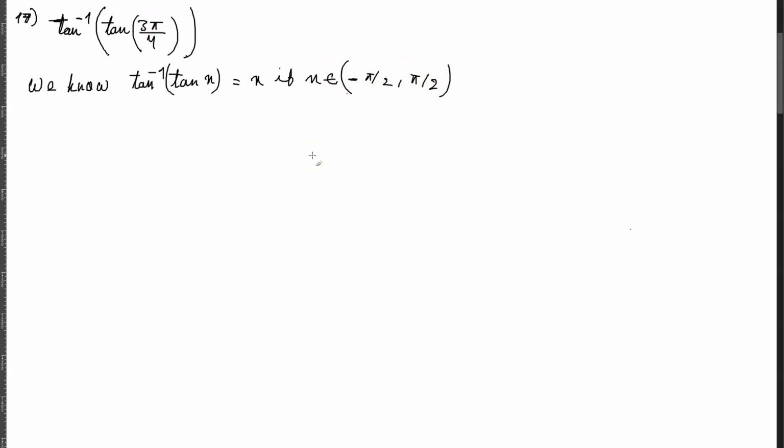Which means that we need to somehow bring the angle to basically this range, which is negative pi by 2 to pi by 2.